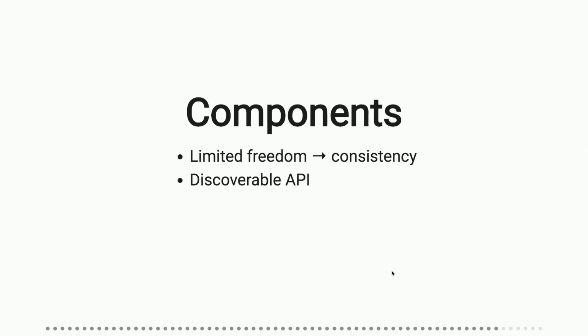And to recap the benefits of using components: limited freedom leads to better UI consistency. You have fewer options to choose from, which makes it easier to choose and makes your UI more consistent. Discoverable API with things like prop types.